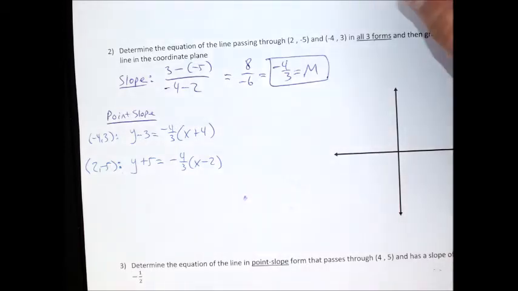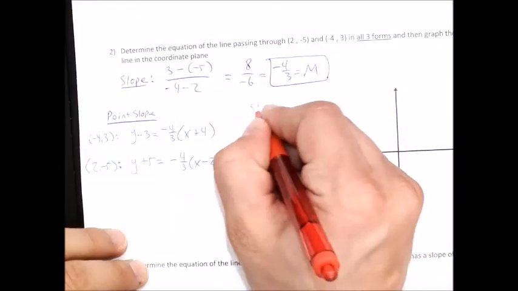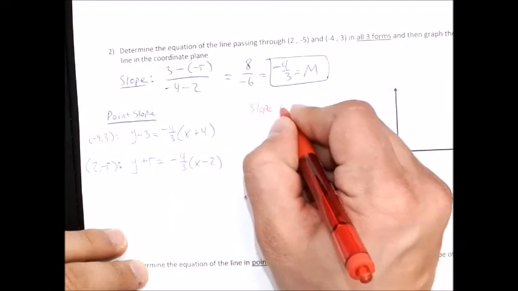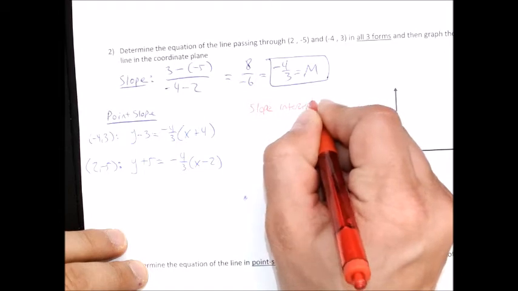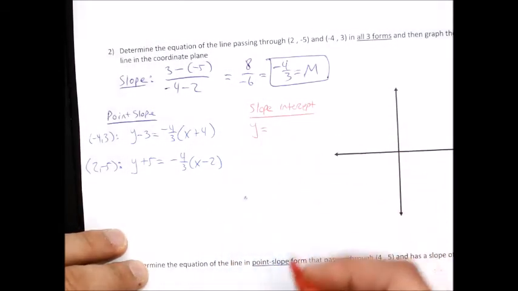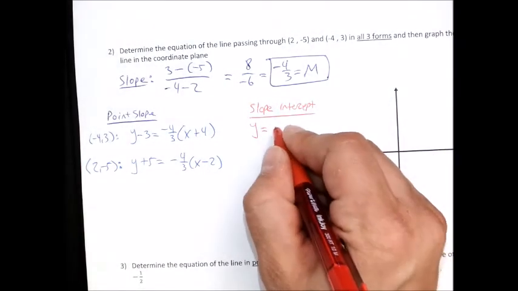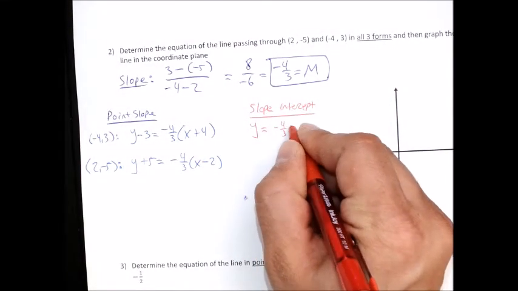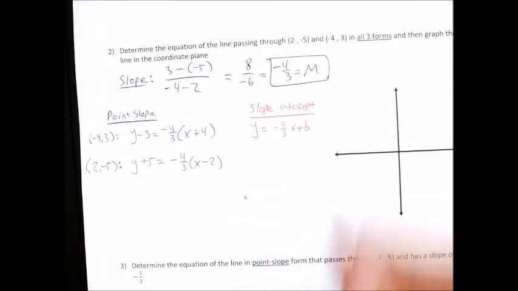And so let's do the slope-intercept form then. So slope-intercept, we need to solve for b. So we have the equation y equals mx plus b, and our m is minus 4/3. And we need to figure out what b is.